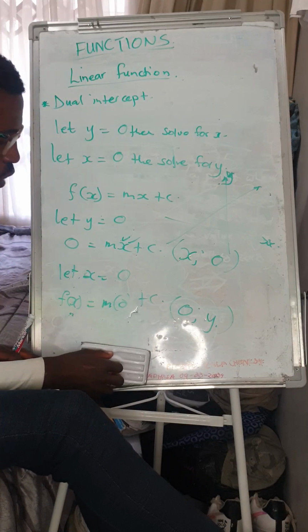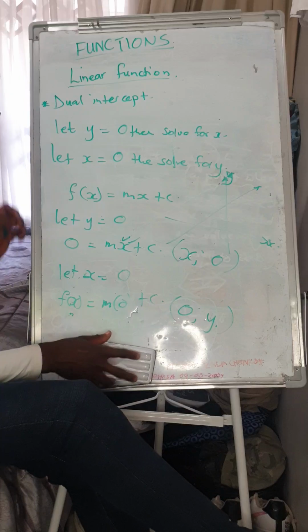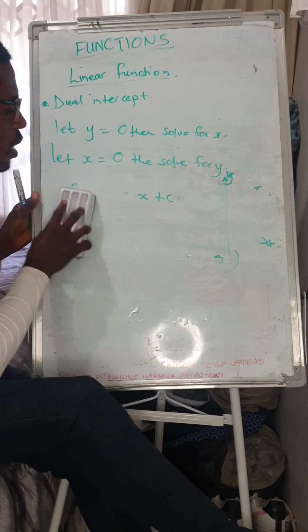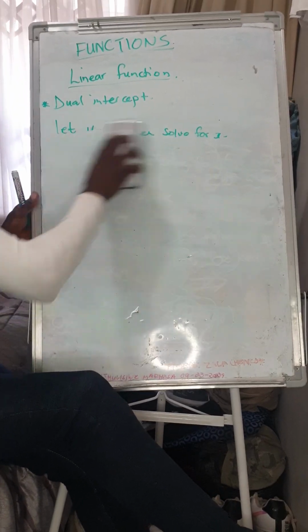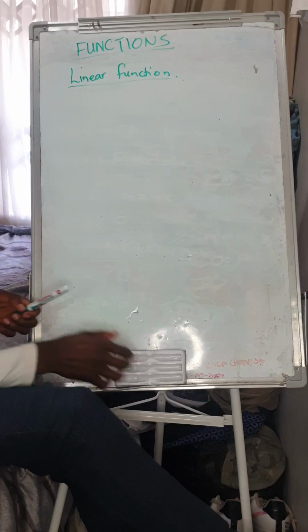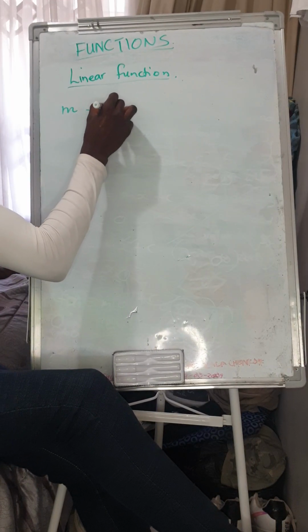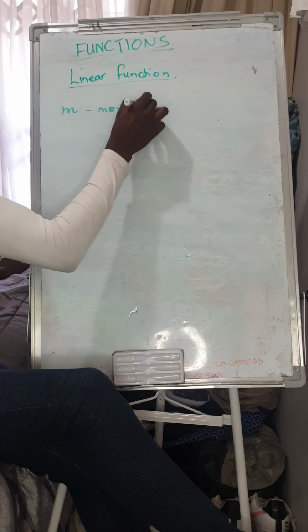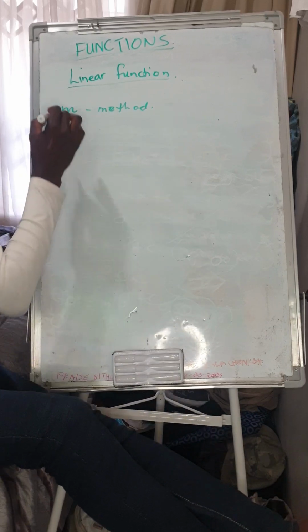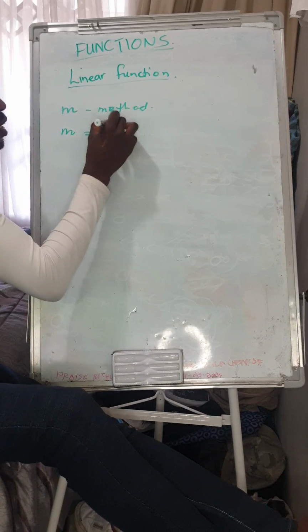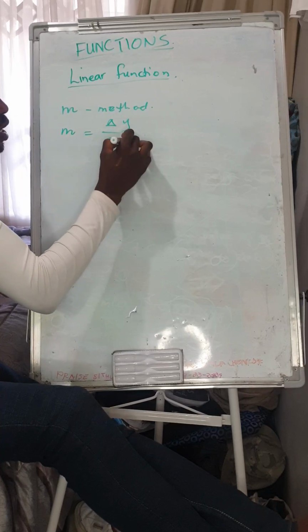Let's talk about the gradient method. That one is another idea that is very easy. Remember, m method. I'll just write m method. Have you noticed that m is equal to delta y over delta x?